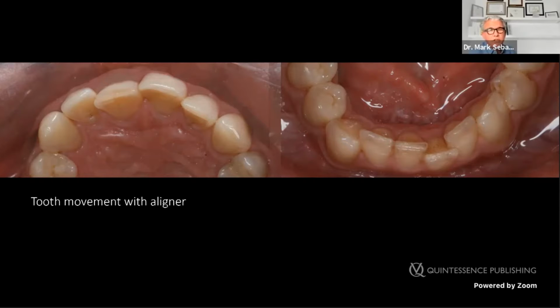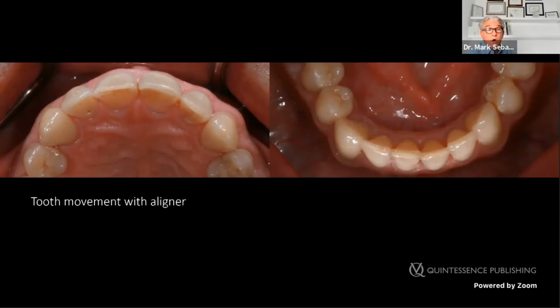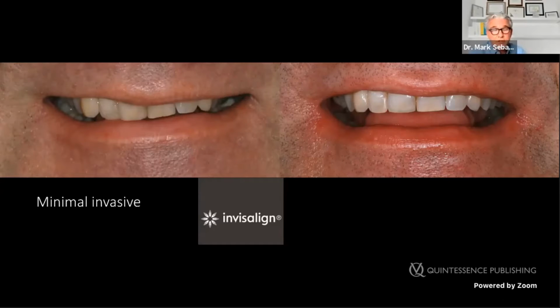So we totally changed the position of the front teeth. We changed the overjet and overbite. We have an aesthetically and functionally better result. Hygiene is better, and we did some bleaching. So this is an easy change of doing something in a biologic, more natural way.